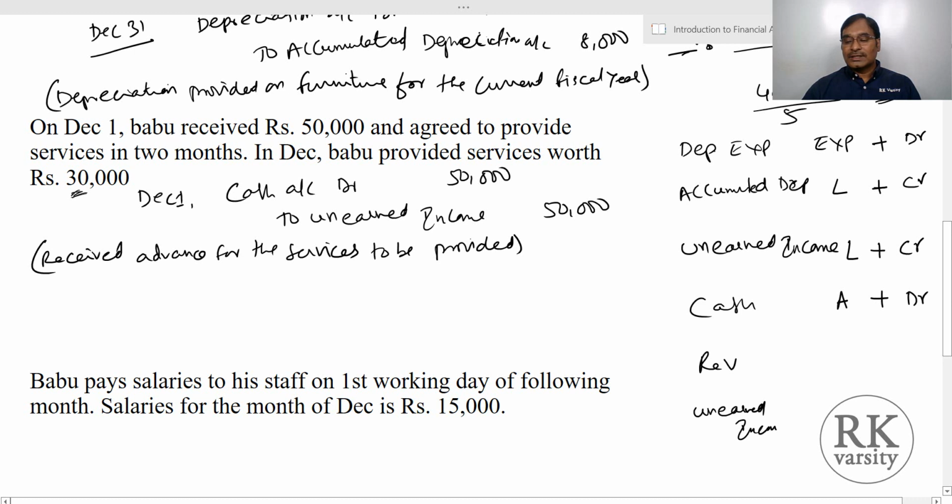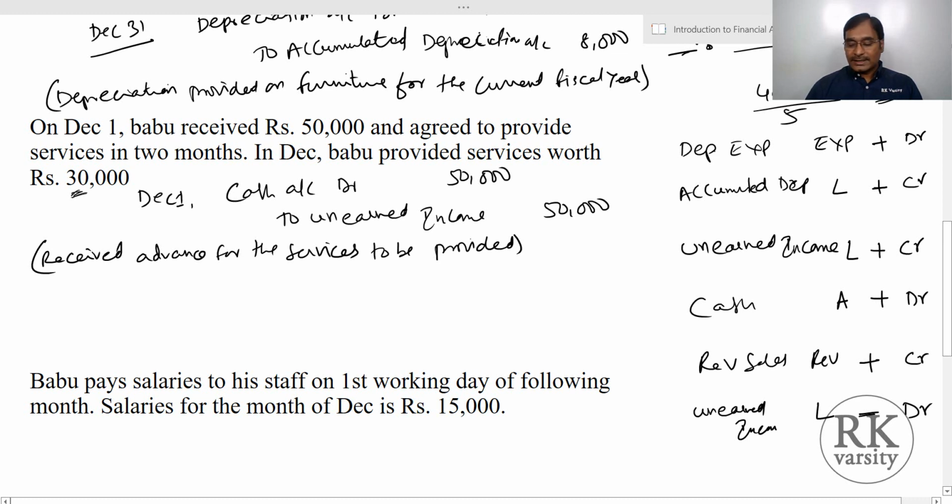The revenue is your sale, and unearned income is your liability. There is an increase in revenue and decrease in your liability. So increase in revenue is credit and decrease in your liability is debit.